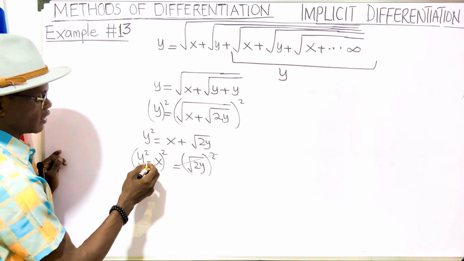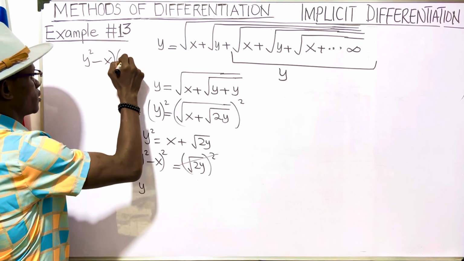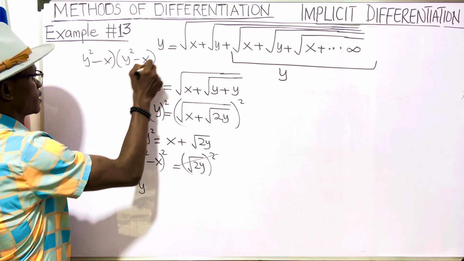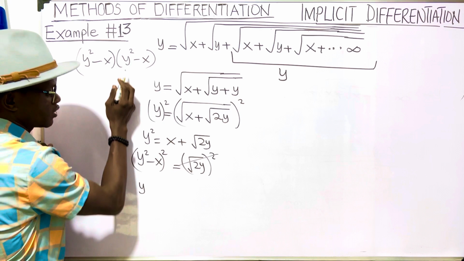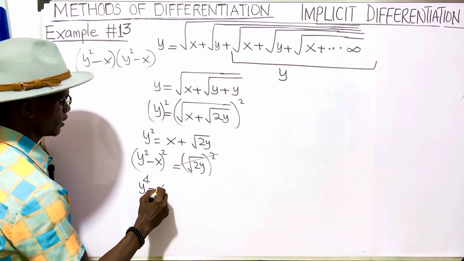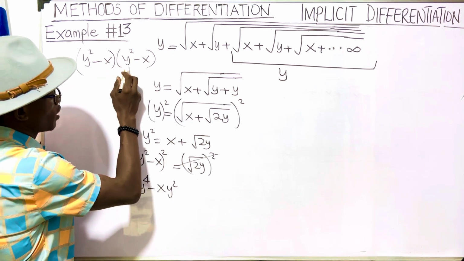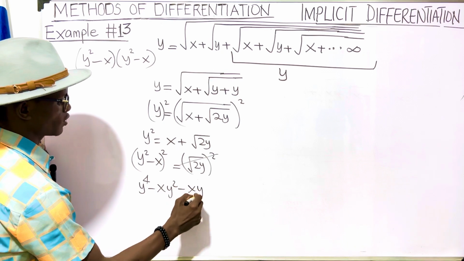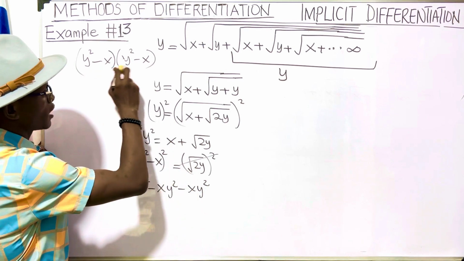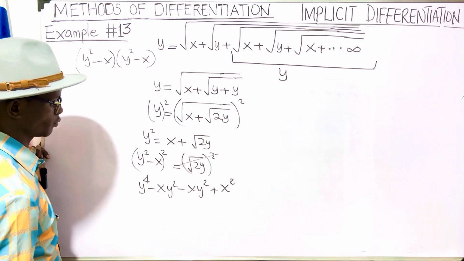So we expand: y squared minus x times y squared minus x. y squared times y squared is y to the fourth. y squared times x is x y squared, and again x y squared. Then x times x is x squared, negative times negative is positive.